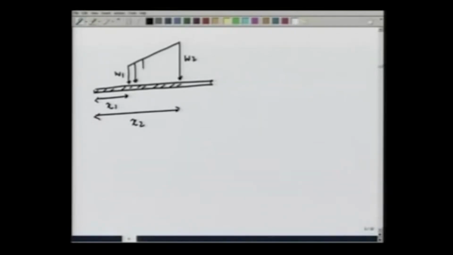Along the way, this is how the load is distributed. Again, with respect to this point where the beam is hinged, I want to find out what is the total load and where effectively is it acting. So, the total load is going to be the area of this trapezoid.